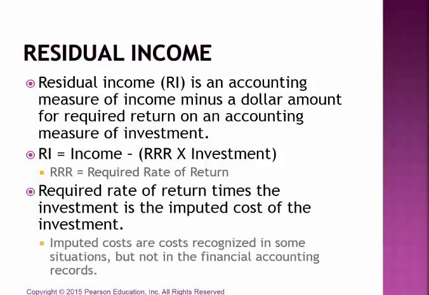Imputed costs are costs recognized in some situations, but not in the financial accounting. This imputed cost number is like what we've seen in the past, known as opportunity cost. What the business has given up by investing in this subunit and not something else that would have resulted in this imputed return minimum.